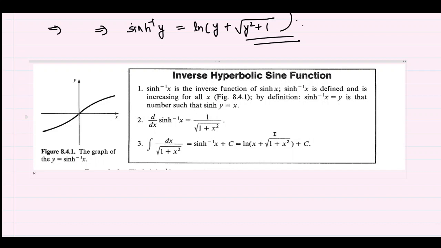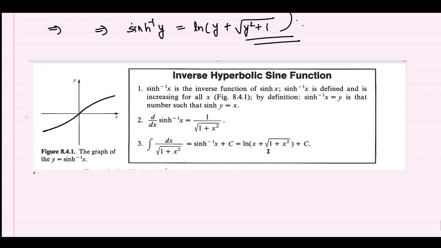Now, since this is a derivative, we can see that sinh inverse of x is the antiderivative of 1 by root of 1 plus x square. So, from here we also learn this formula, that is integral dx by square root of 1 plus x square is sinh inverse of x plus c.